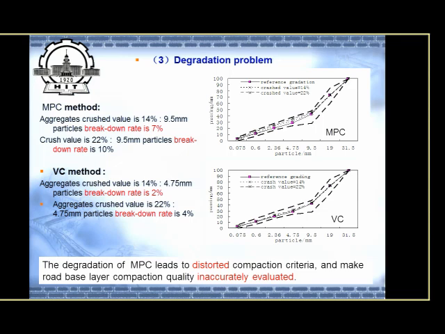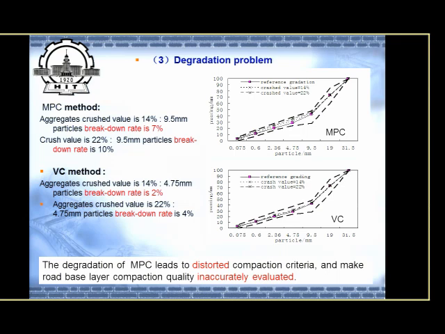This is the degradation of the gradation using different methods, the MPC method and the VC method. We find that the breakage rate using the MPC method is greater than using the VC method, especially the aggregate crush value.